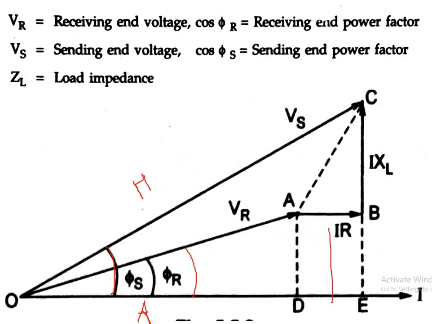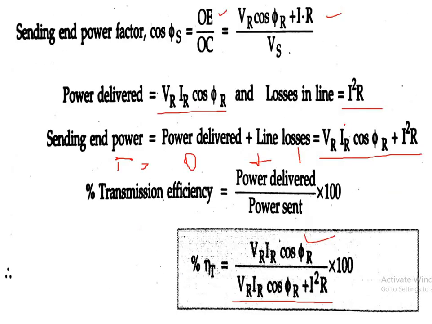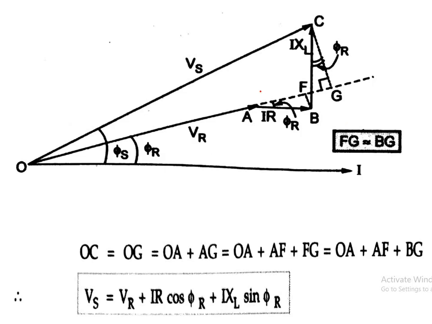I'll extend the line OA, then draw a line perpendicular to it from C, and another perpendicular with respect to B. By doing these changes, I will get the approximate expression. Look at the phasor diagram now. I have done the same thing. Here the angles phi r and phi r are equal.